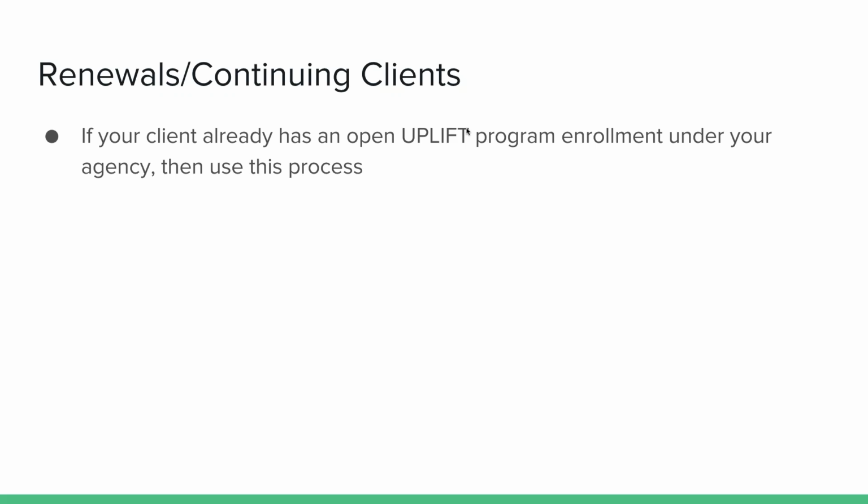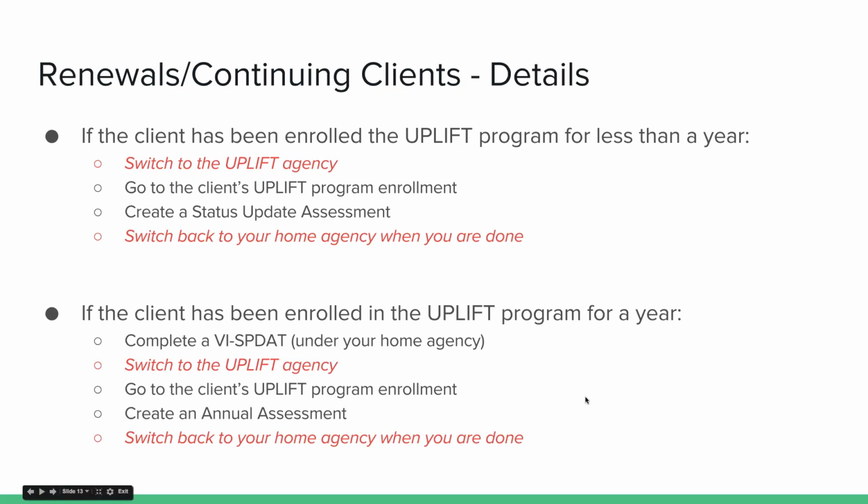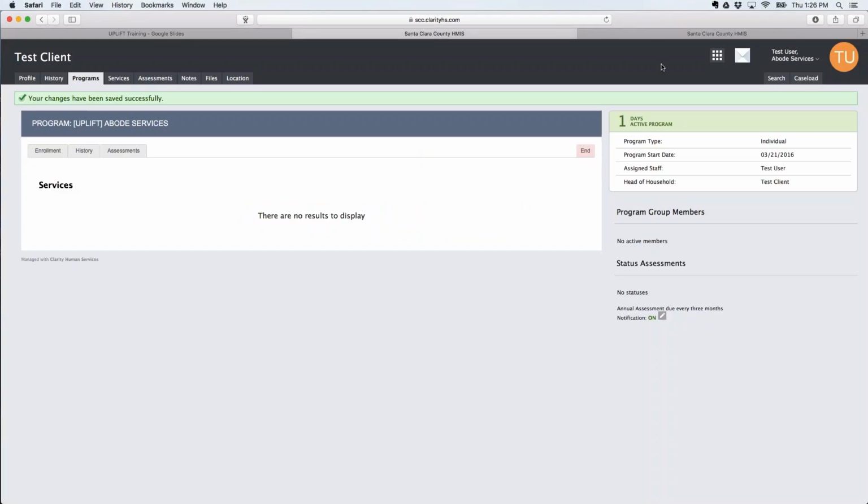So anybody with an open program enrollment in UPLIFT starting July, you're going to follow this process. So we're going to go into the system, and I'll show you how to do that.